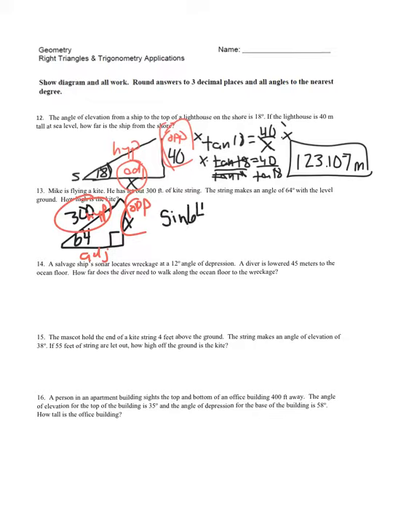So sine 64 equals opposite x over hypotenuse 300. One step here, 300 to both sides. You get 300 times sine 64.